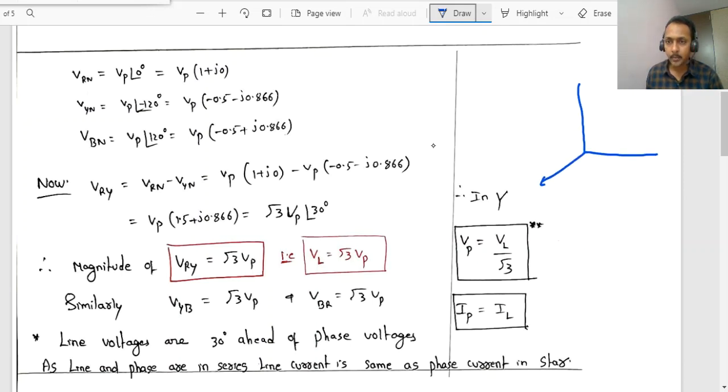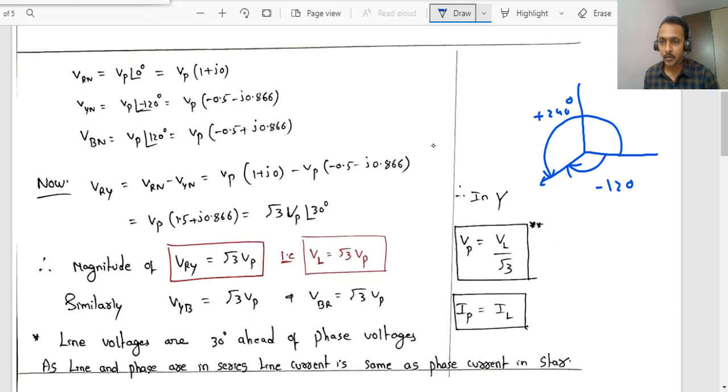In this diagram, minus 120 degrees: if you rotate in the clockwise direction, minus 120 degrees is also the same as rotating in the anti-clockwise direction by plus 240 degrees. This is important. Clear? Both are one and the same.